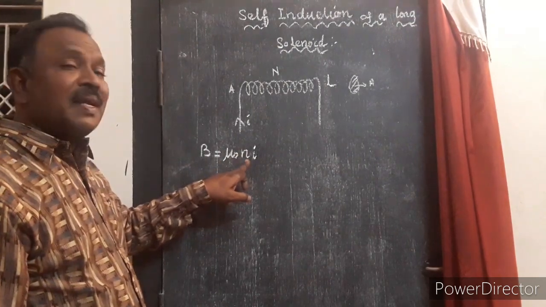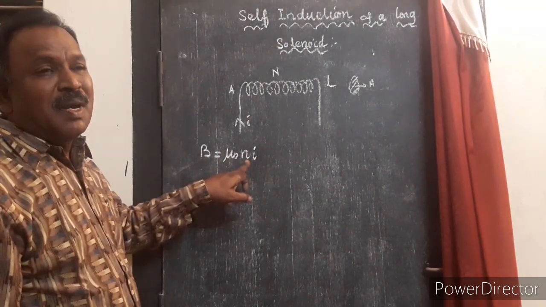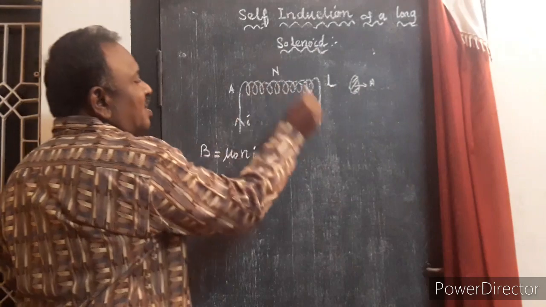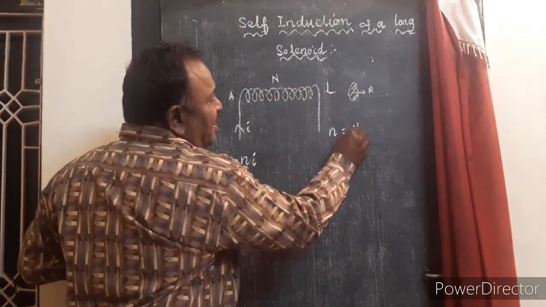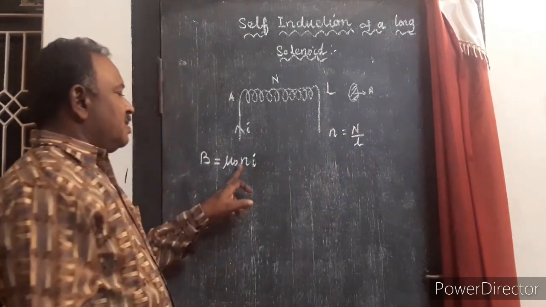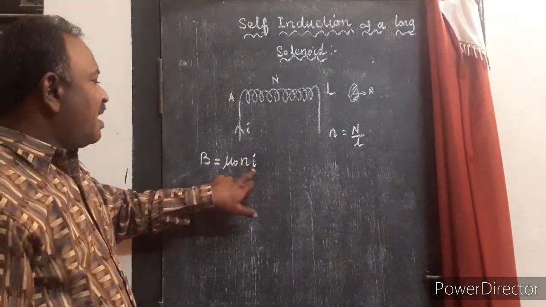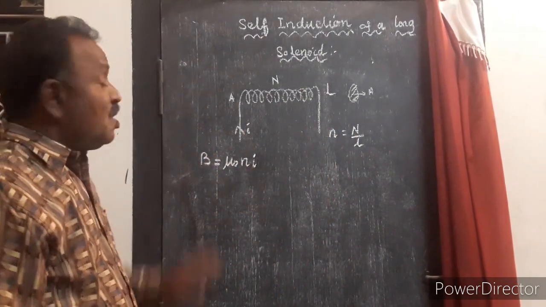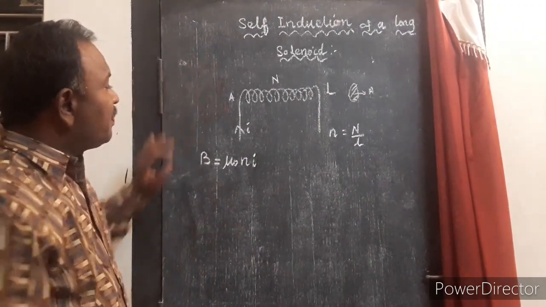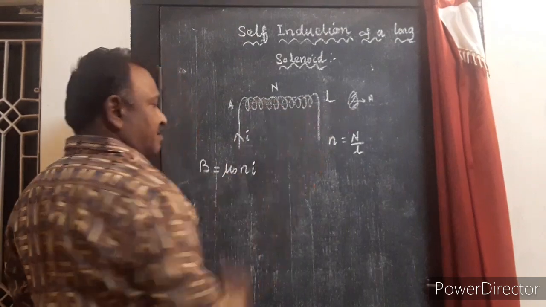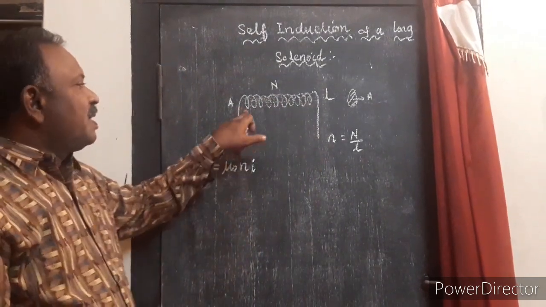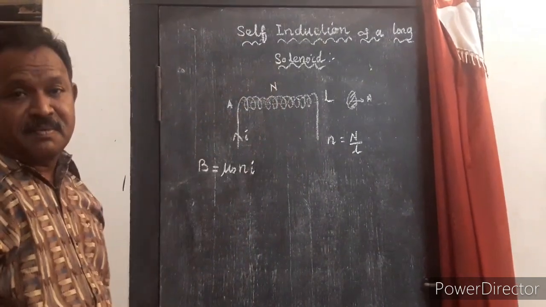Small n is the number of turns per unit length. The total turns is N, so n is equal to N by L. And I is the current through the solenoid. So there is a uniform magnetic field inside the solenoid.